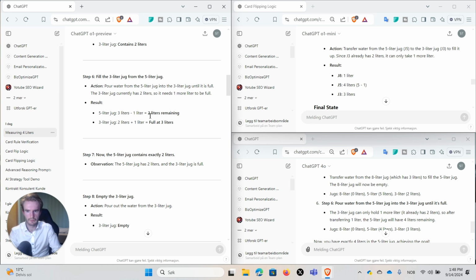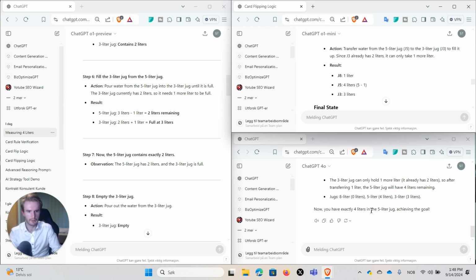Okay, that is 2 liters here, and it has 4 liters here, and it has 4 liters here. And in this case it has 3 liters in J3 in all of them, but in the 5-liter jug it has different versions. So yeah.